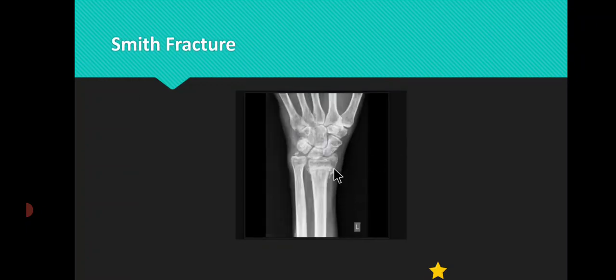It is a fracture of the distal part of the radius, occurring with a direct blow to the dorsal forearm or falling onto a flexed wrist. Smith fractures are less common than Colles fractures, and in this the distal fragment of the radius moves ventrally, while in Colles fracture the distal fragment moves backward.